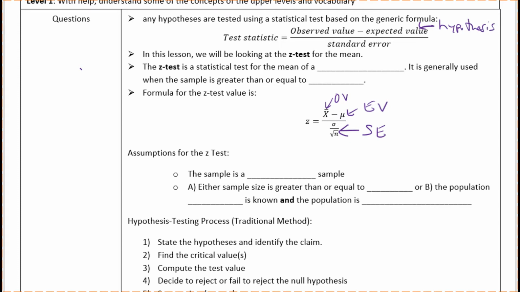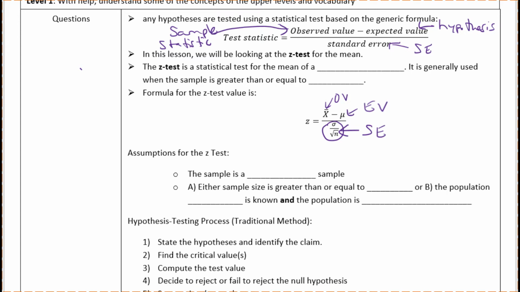The observed value is the actual characteristic that you observe, usually from the sample, so this is the sample statistic. So it's usually the sample statistic minus the parameter, divided by the standard error. And the standard error in the example of the mean is sigma over square root of n, which I have labeled already for convenience.